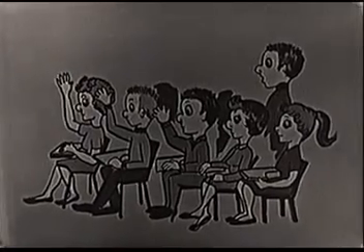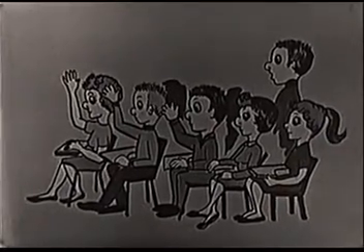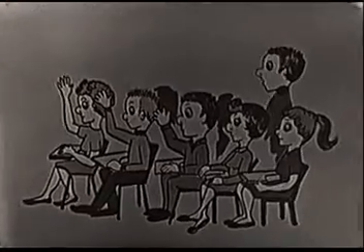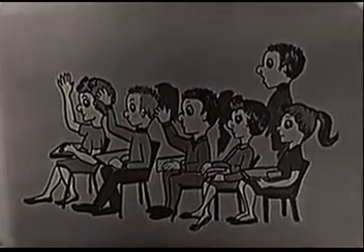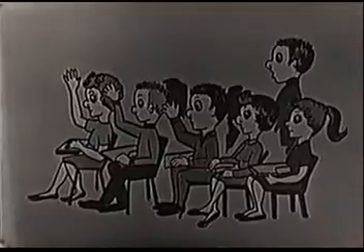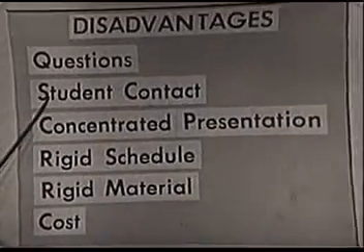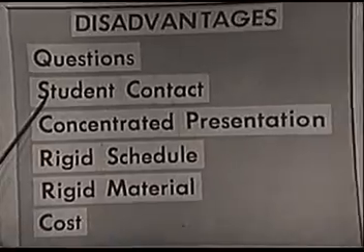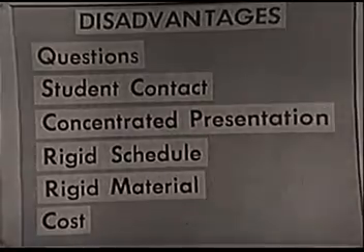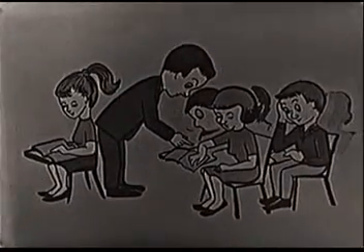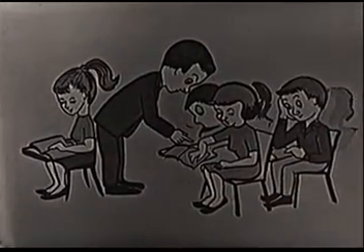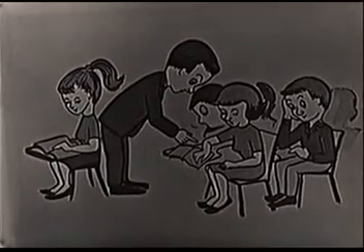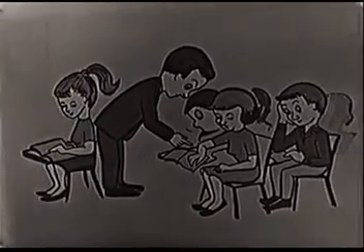We mean simply that questions cannot be asked during the television lecture presentation. Next, as a disadvantage, we list student contact. By this, we simply mean that students have no direct contact with the television instructor.